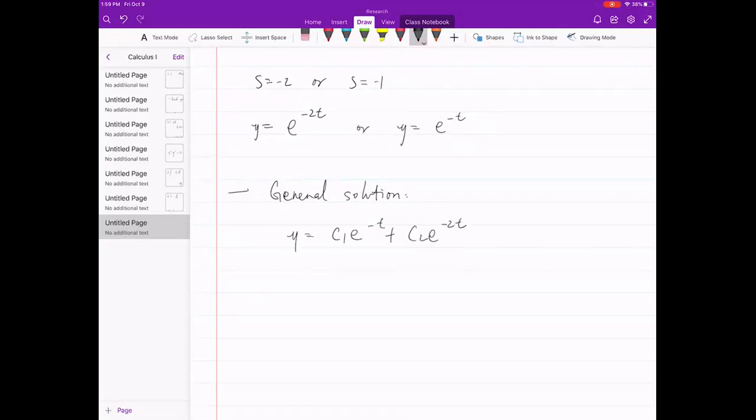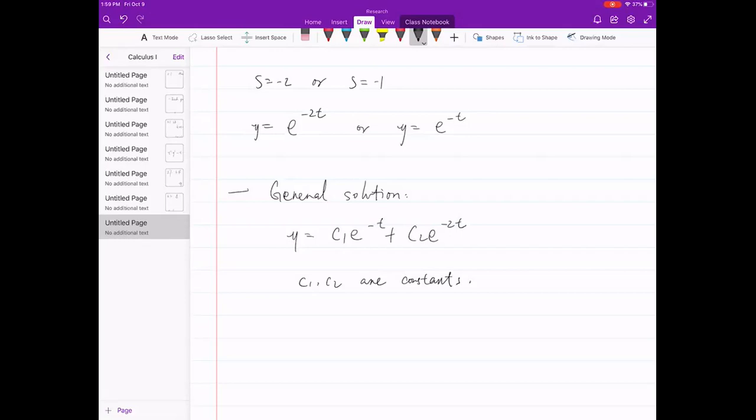Or let's say all possible linear combinations of these two solutions. Sounds good? So how many solutions do you have?